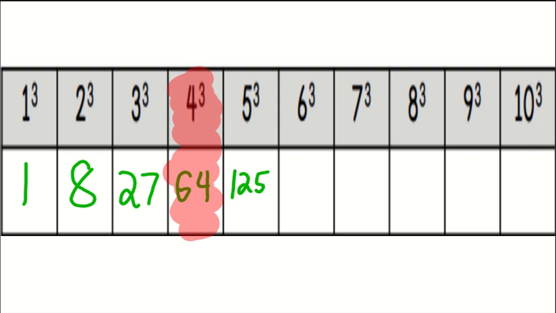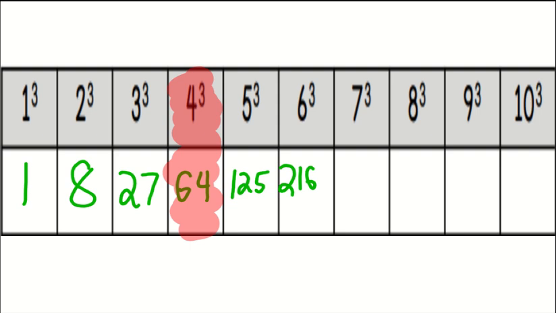These get a little trickier, especially if some of y'all have a hard time with your multiplication. That's why having this list is going to be a little helpful for you. 6 to the third power. Adam? 216 is correct. 6 times 6 is 36. 36 times 6 gives you 216.